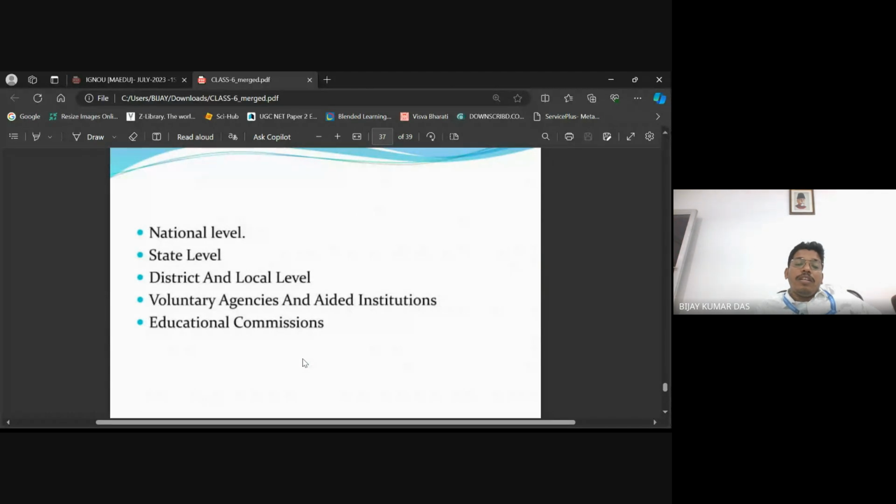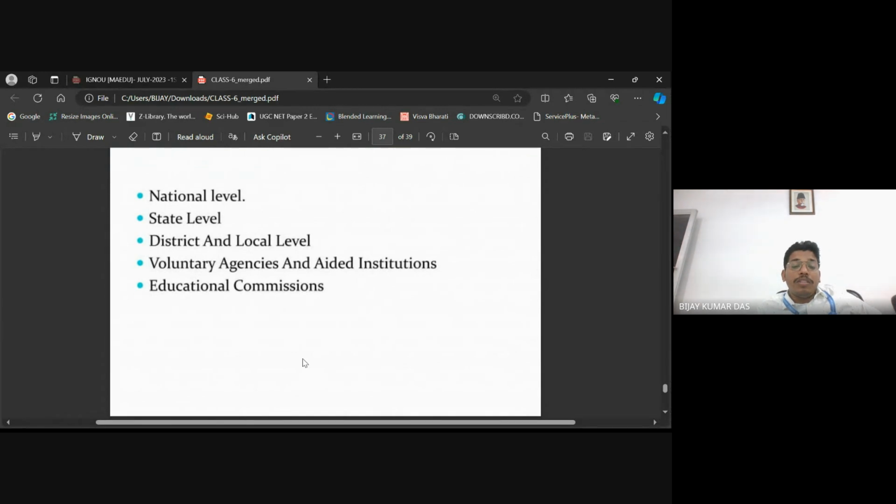So you can talk about the national level, government is taking so many things. In the state level, government is taking so many things. District and local level also, government taking larger number of initiatives for implementation of policies, for governing those ideas, so many things. And voluntary agencies and aided institutions are also working and providing helping hand for the development of the nation, right?